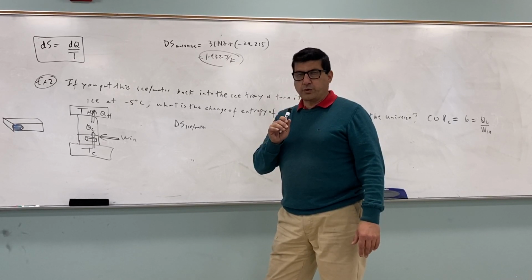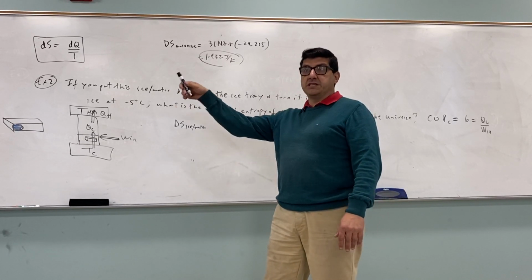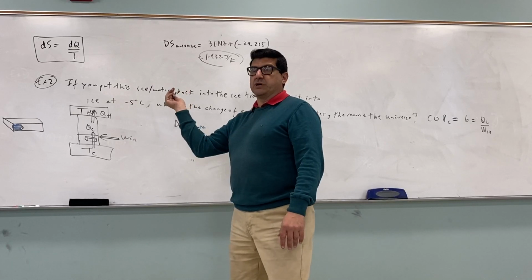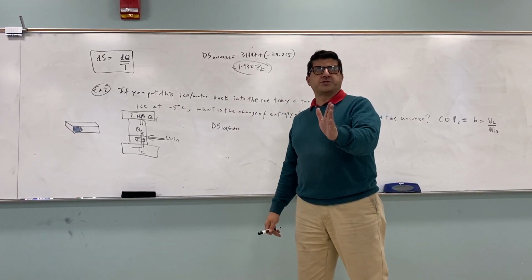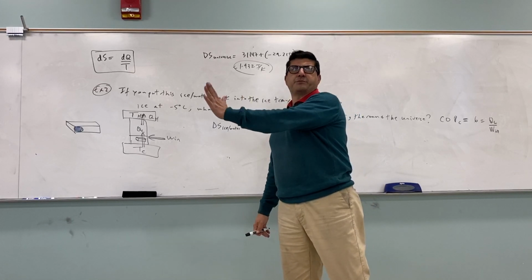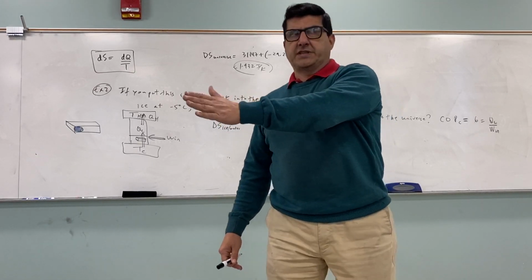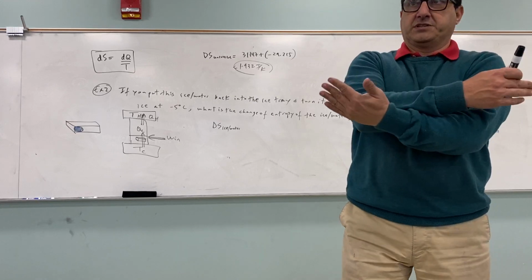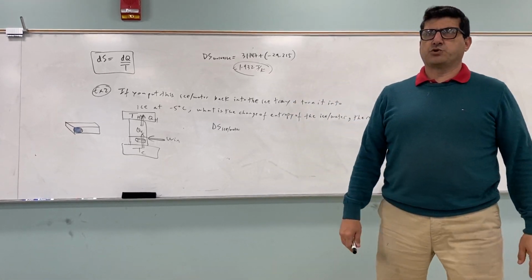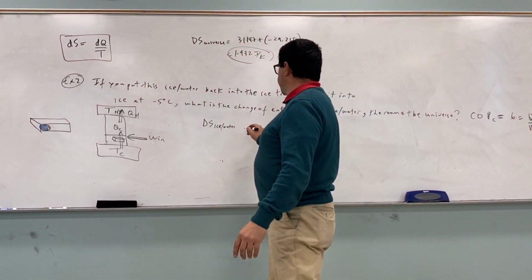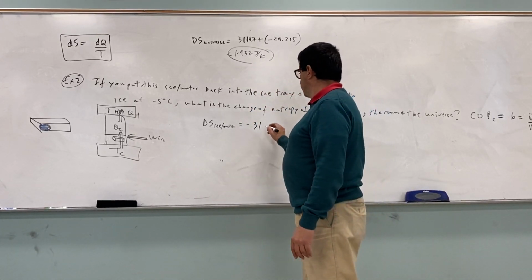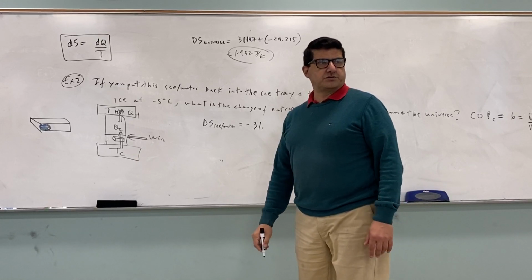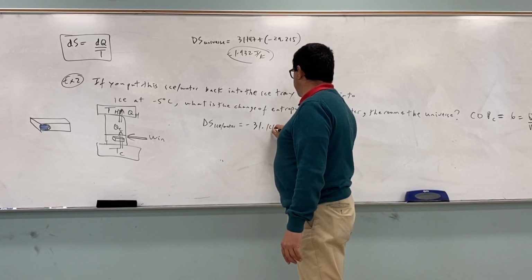I don't have to redo that if I've already done it from example 1. What was the change in entropy of the ice when it melted, and when its temperature went up to 20? Now if I reverse it, it's going to be the opposite of that. So it's now going to be negative 31.147.